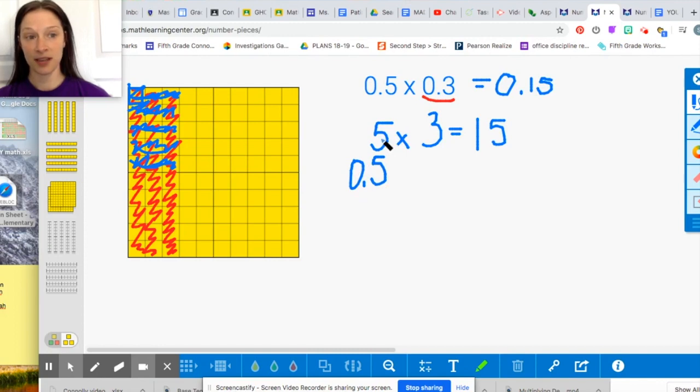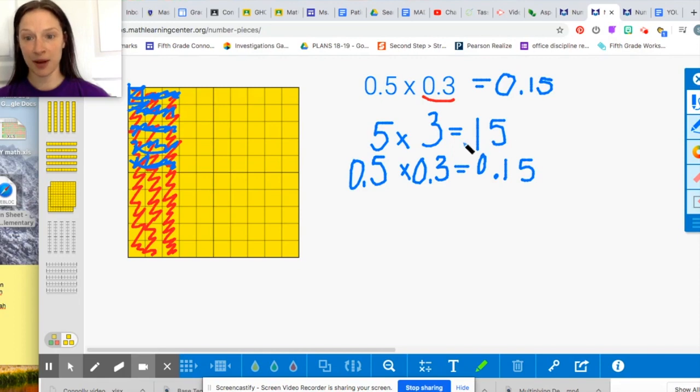So I'm taking 1/10 of 5, and I am taking 1/10 of 3. So 3 divided by 10 is 3/10. So if each factor gets 10 times smaller, my product has to get 10 times smaller and then 10 times smaller again, which makes it 100 times smaller.